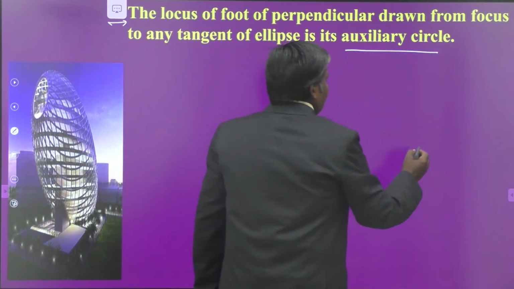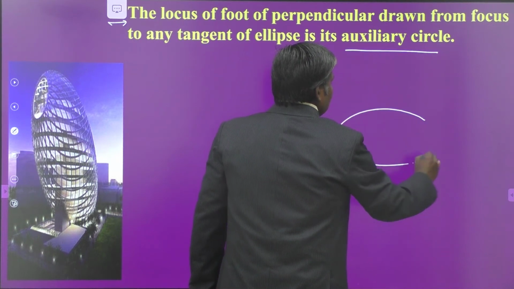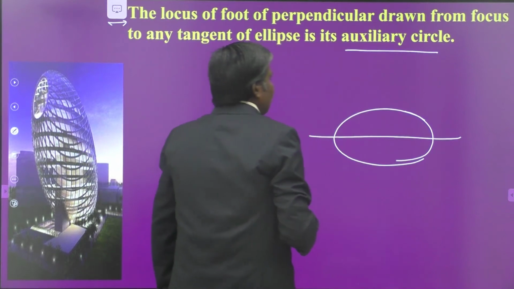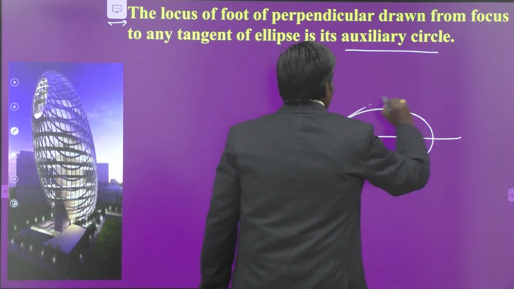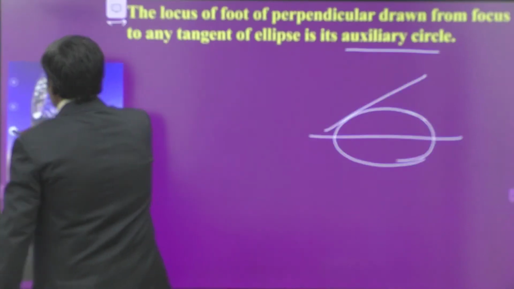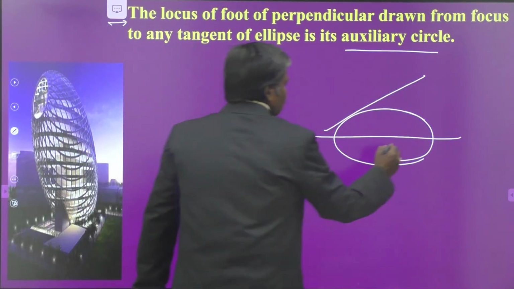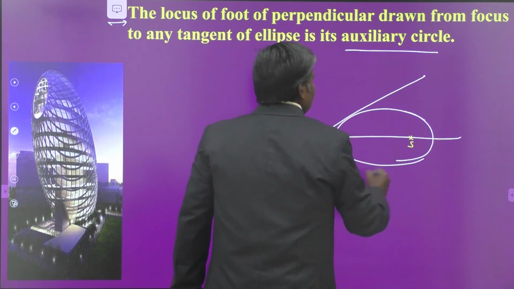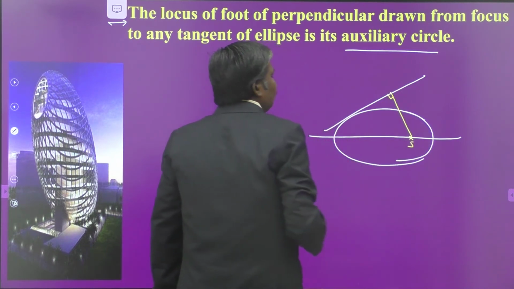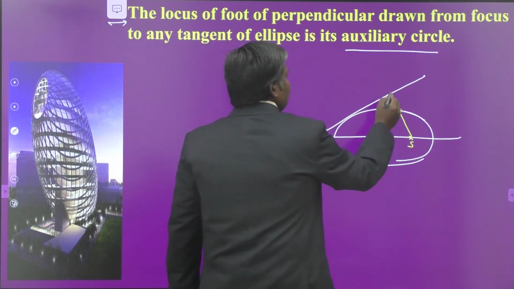Let us try to draw a rough diagram. This is the ellipse. This is the axis of the ellipse. It is any tangent of the ellipse. This is my focus. We have to find the locus of the foot of perpendicular drawn from focus to tangent.